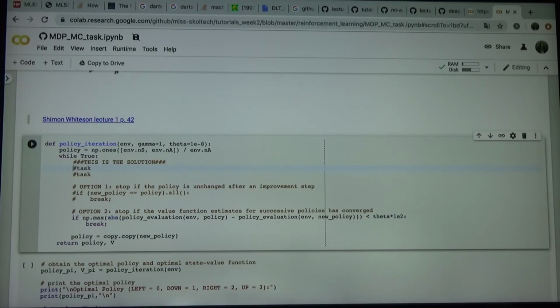Here, let's try to code something. So we have 2 lines of code.